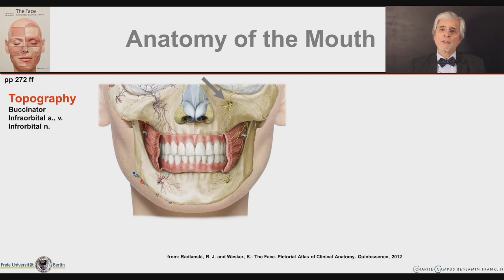And of course, the infraorbital nerve, for the sake of clarity, is shown on the other side. At the small zygomaticofacial foramen, we see the passage of the zygomaticofacial artery and vein and the zygomaticofacial nerve. At the mental foramen, the mental artery and vein and the mental nerve.